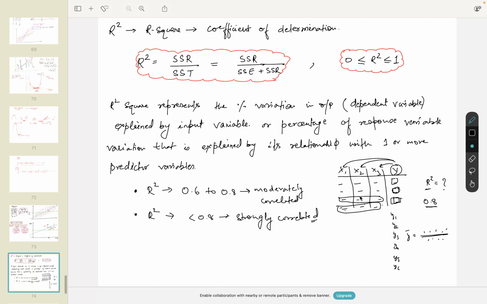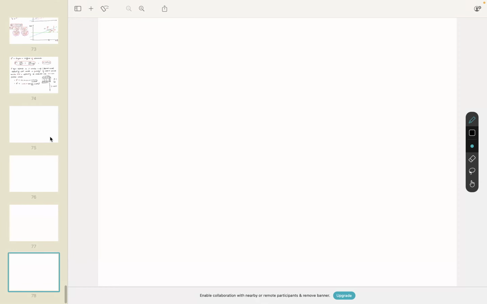Now let's do one thing. Now there will be an adjusted r square also. I'll tell you what is adjusted r square. Just write a topic as adjusted r square. What do we mean by adjusted r square?